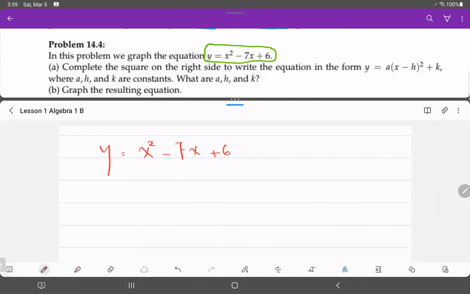First of all, it's not a good idea to make a table and graph it now, because we need to make a sketch, and making a sketch is easier when this is written in standard form. So we don't like this, and we need to think about how to do this.